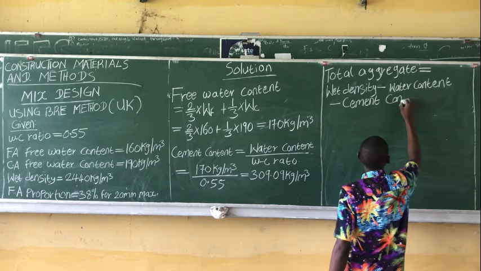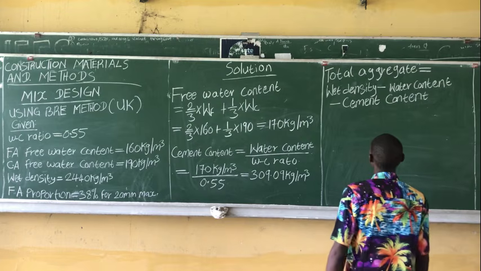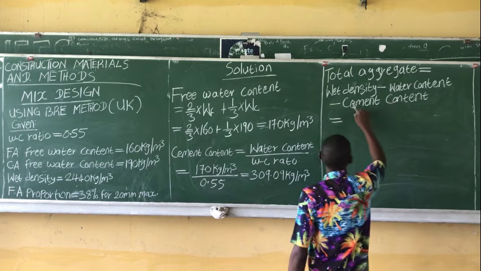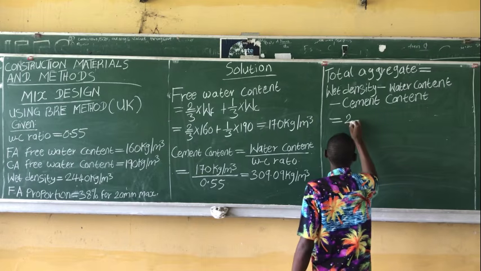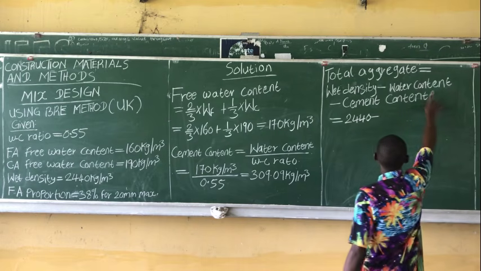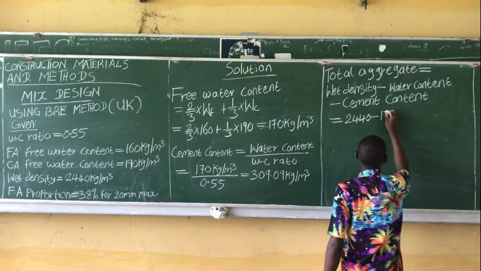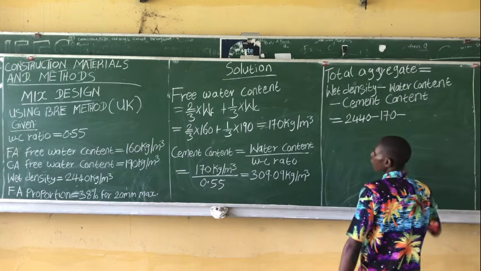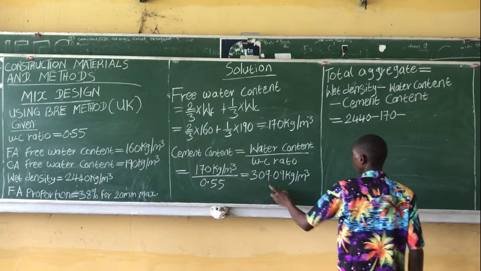So our wet density is given as 2440, minus our water content, which is given as 170, minus our cement content, which is given as 309.09.